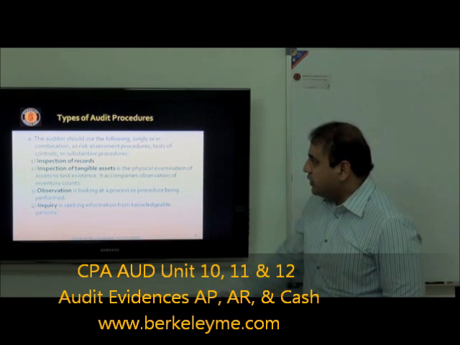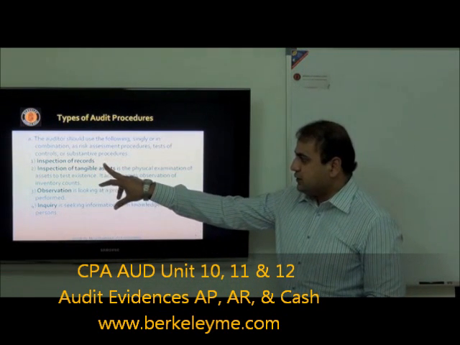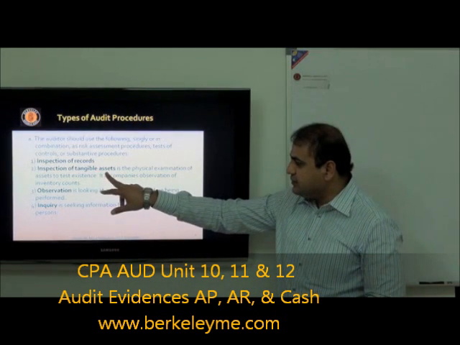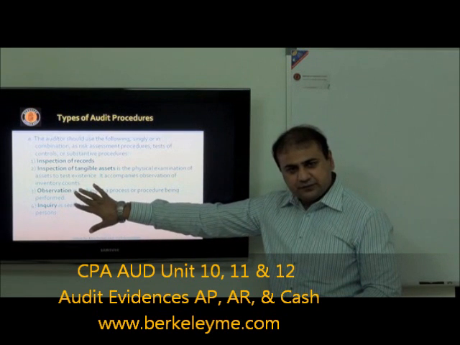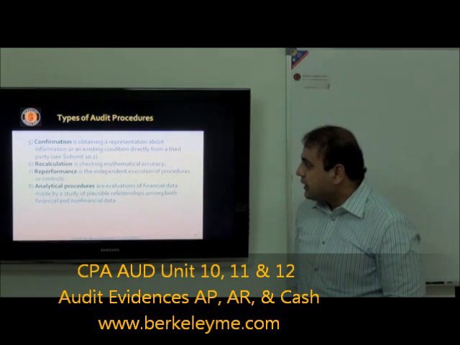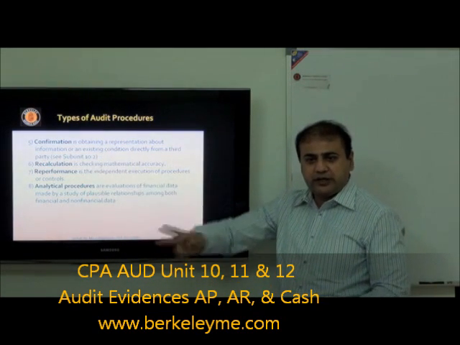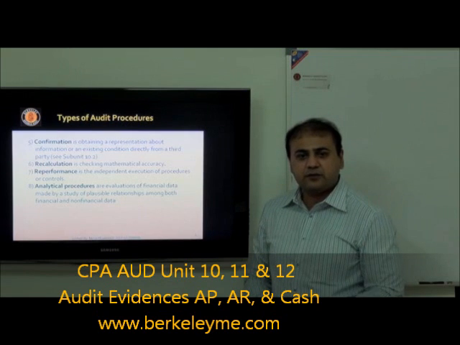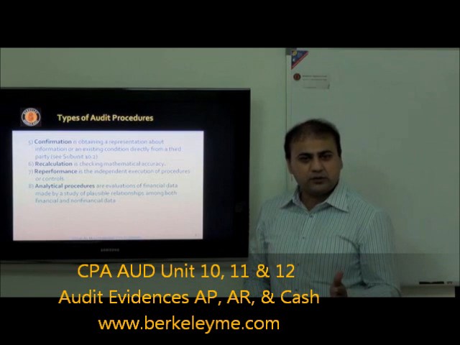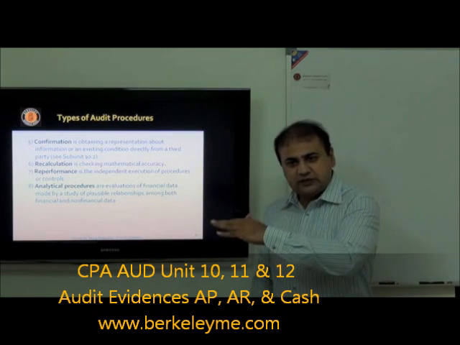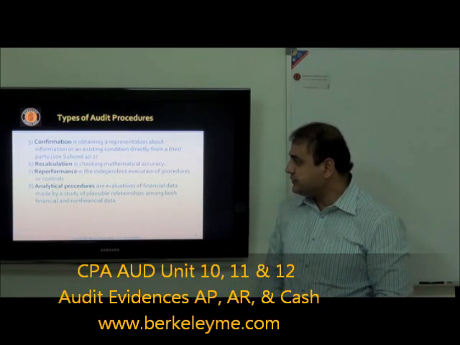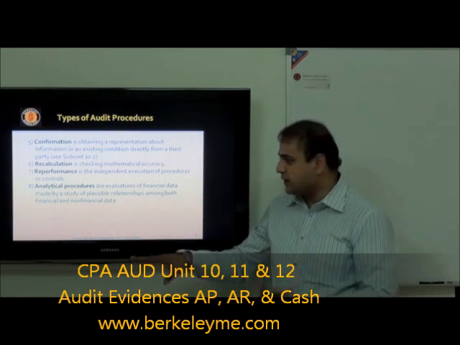Now, what are the types of audit procedures? Generally, inspection of the records, where you personally inspect them; the tangible assets, which you observe; and then you make inquiries for information. Confirmation is very important. We will keep discussing this in this unit, that confirmation makes the information more authentic, because an outside party's confirmation is the most reliable information in normal circumstances.